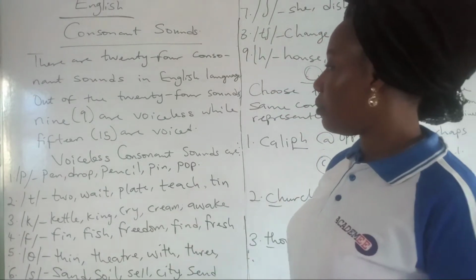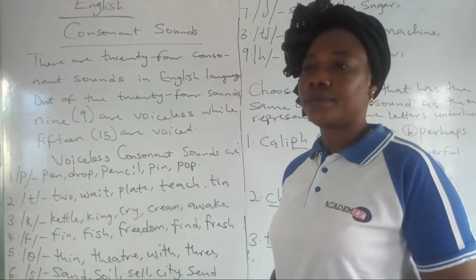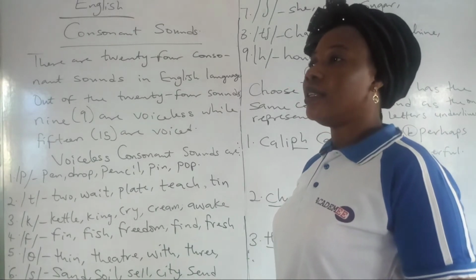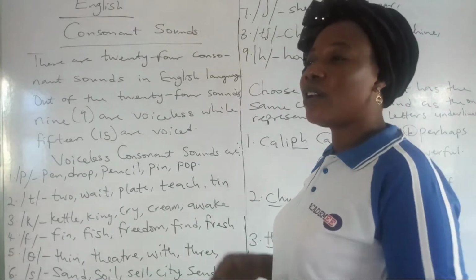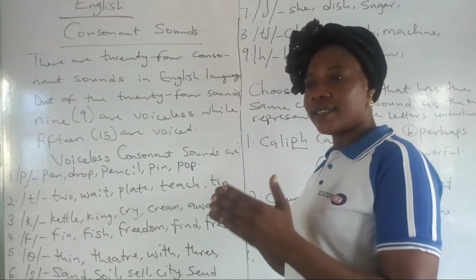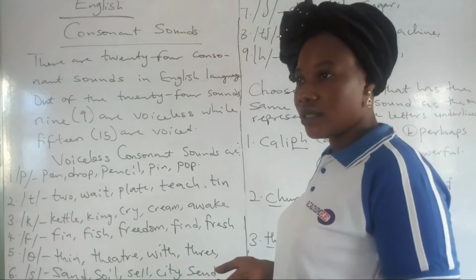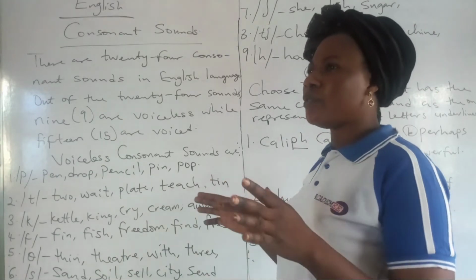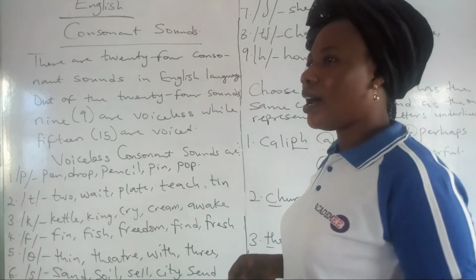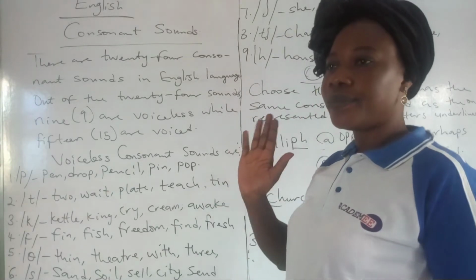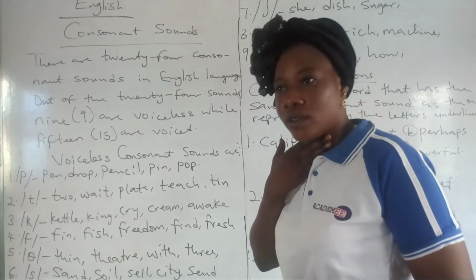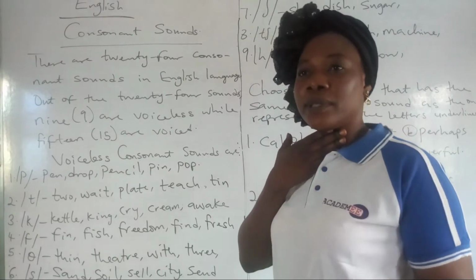So the first one on my list is. Now, because of the nature of this sound, voiceless, you are not likely to hear the sound when you produce it. And the major way to differentiate between a voiced sound and a voiceless sound is to place your palm on your voice box, or we call it Adam's apple.